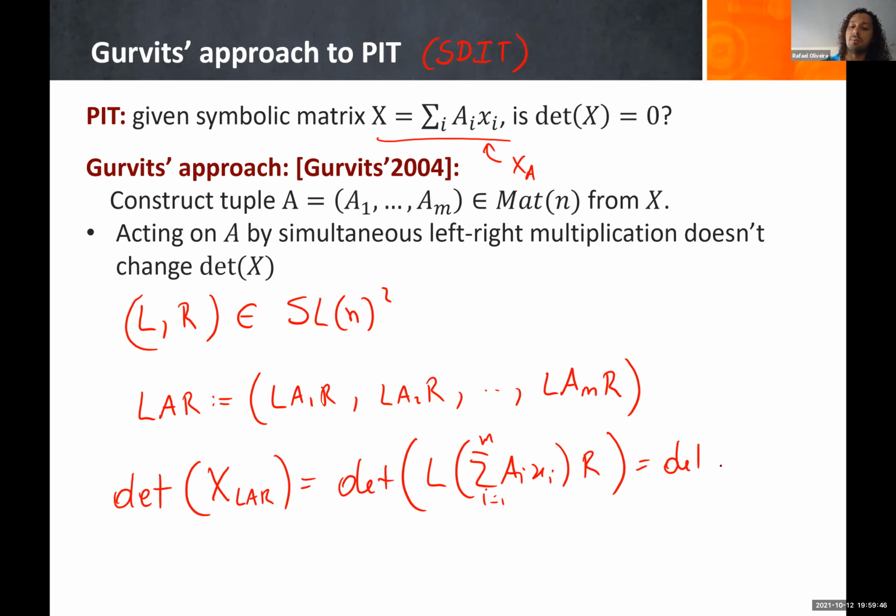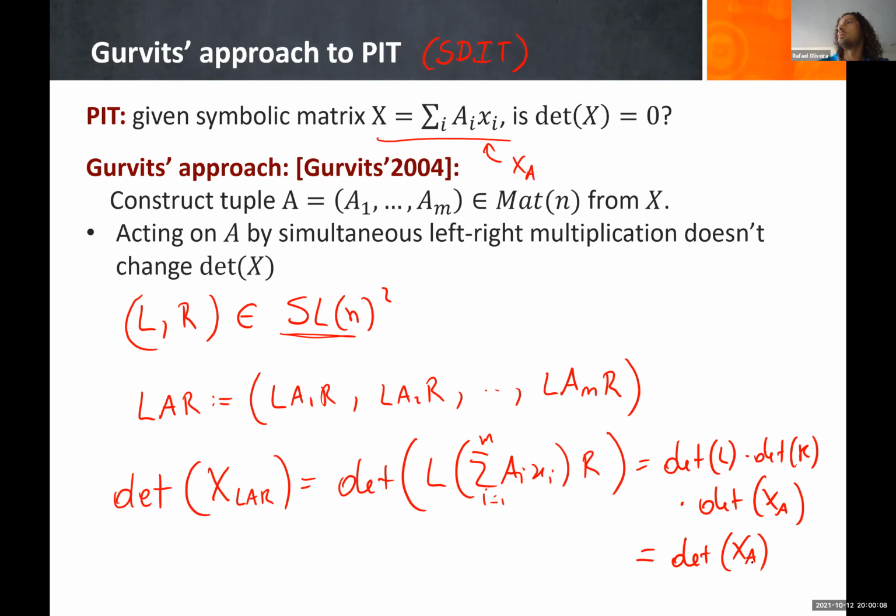So this is the determinant of L times the determinant of R times the determinant of X_A. But we know these matrices are in SL_n, so in particular, this is exactly equal to the determinant of X_A.